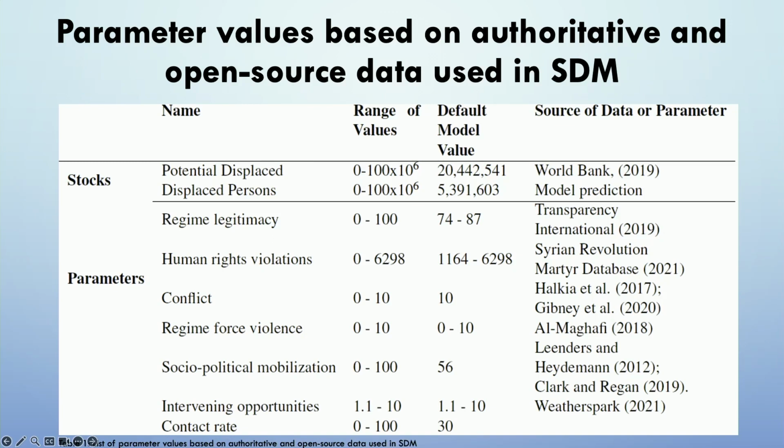Now, with populations, this really fits with the stocks and flows of system dynamics modeling. So you have the potentially displaced persons and then the people that are displaced as well. So the total population, those are some authoritative data sets that are out there, World Bank, for example. And then the displaced persons that were calculated in my model or are created as a prediction.